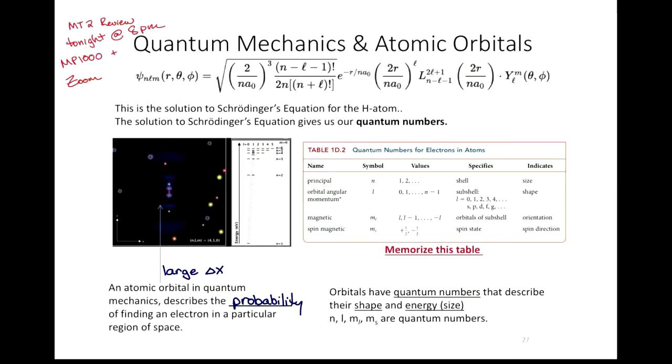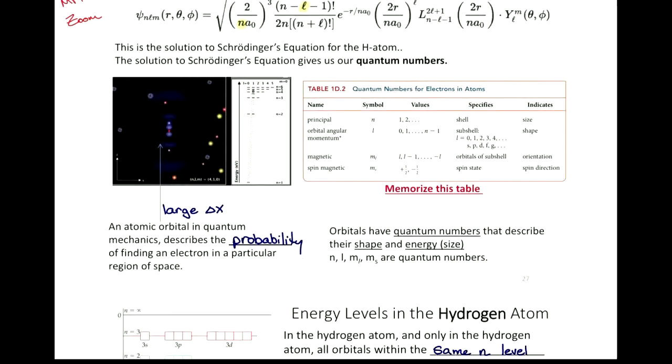All right, so if we solve the Schrodinger equation, this is the solution you get. But what I want you to focus on are some of our quantum numbers that come up here, our n value, our l value. And so the idea is how we can communicate to one another where to find an electron is with these quantum numbers.